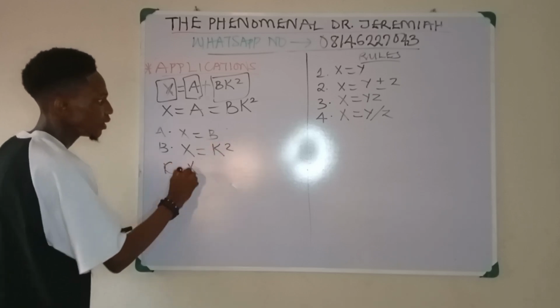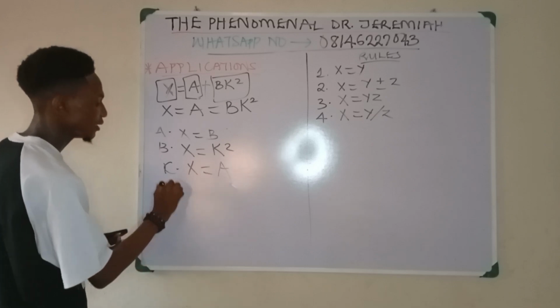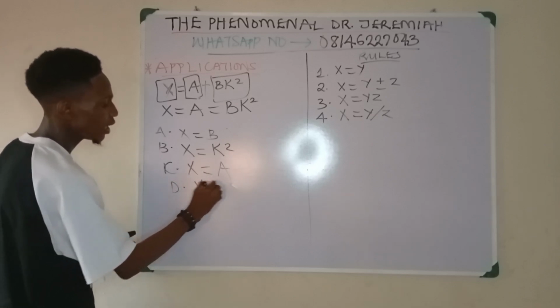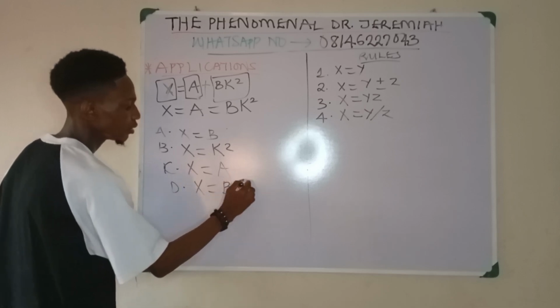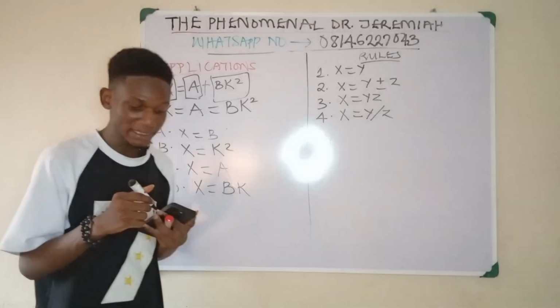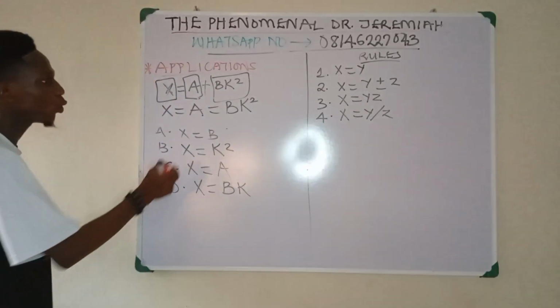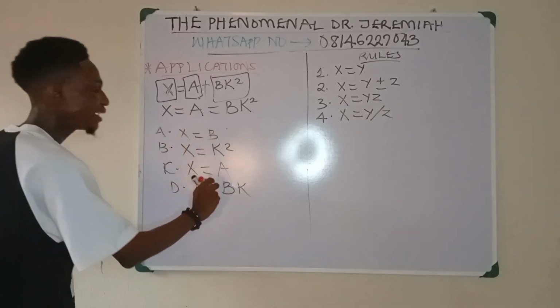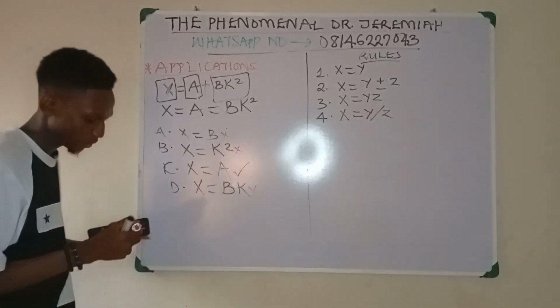You can say s equals a, then probably s equals maybe bk. So basically this is not correct. Why? Because I told you that it's only terms that are equal, and here we only have s equals a as a term. The rest are not terms here.